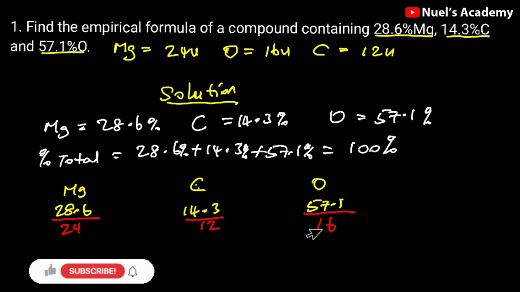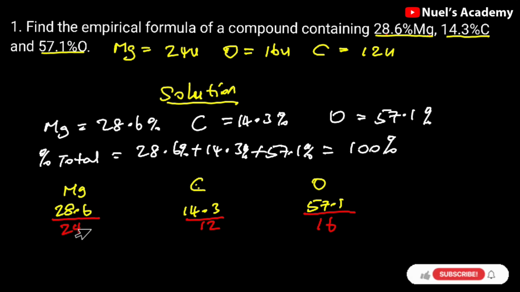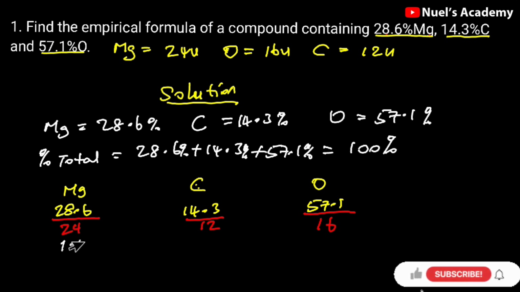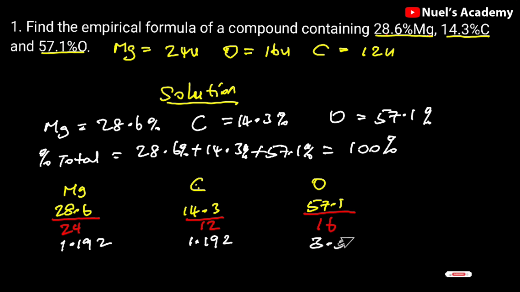So 28.6 divided by 24 is equal to 1.192. 14.3 divided by 12 is equal to 1.192. Then 57.1 divided by 16 is equal to 3.569. The next step is to divide through by the smallest atomic ratio, which in this case is 1.192.